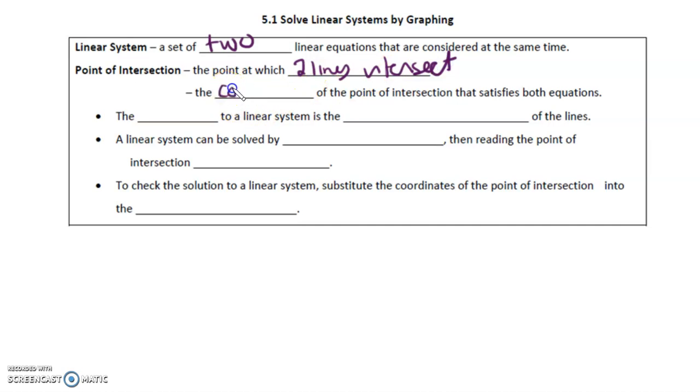Okay, the coordinates of the point of intersection satisfy both equations. The solution to a linear system is the point of intersection of the lines.